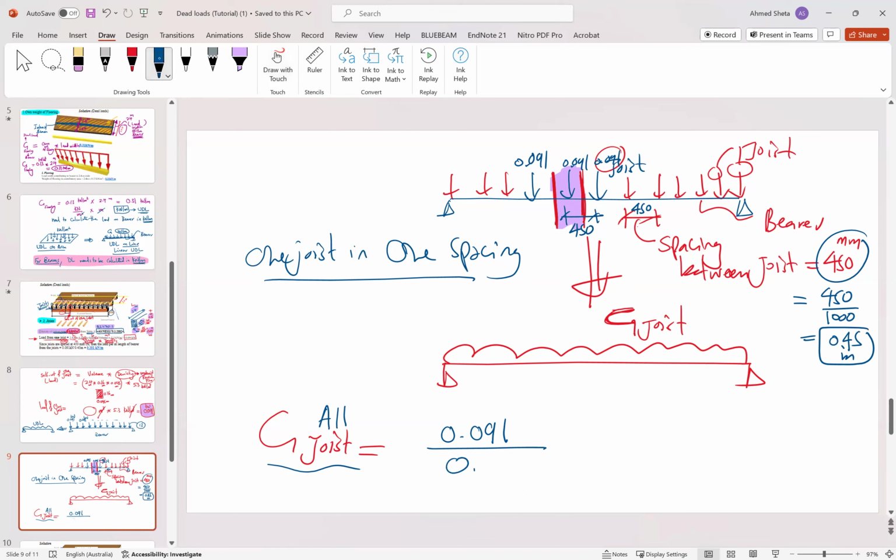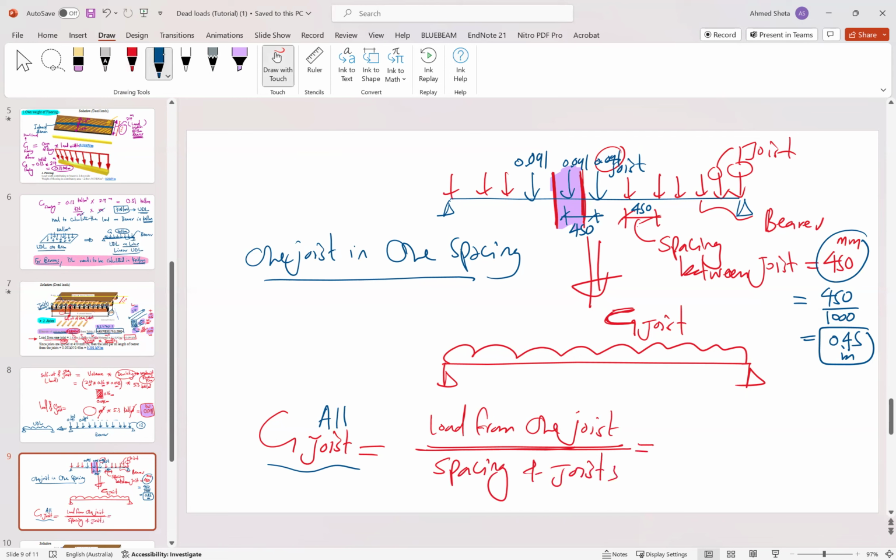So we have 0.091 over 0.45. The top, the numerator, is the load from one joist. So to find the joist load, you need to divide the load from one joist, the numerator, by the denominator, which is the spacing of joists, or the distance between any two joists.